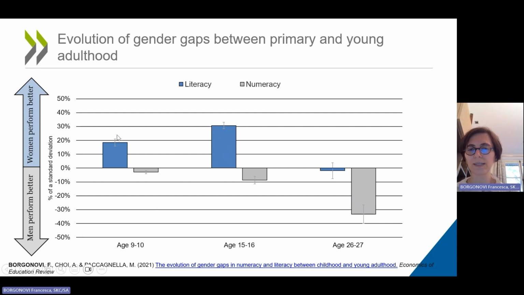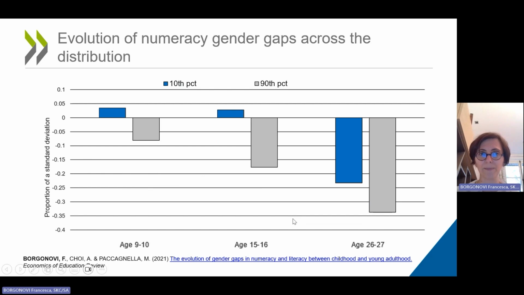What we do notice is that the gender gap differs at different age groups for the same cohort. For literacy, it takes a kind of inverted U shape. For numeracy, it grows over time in favor of men.